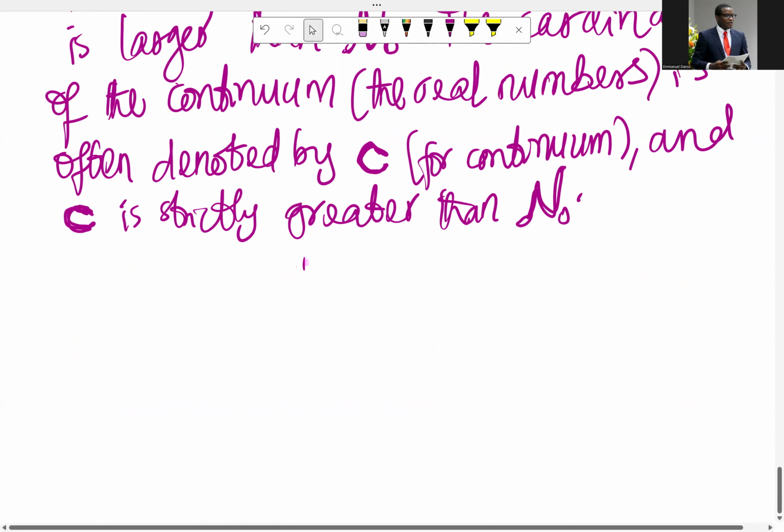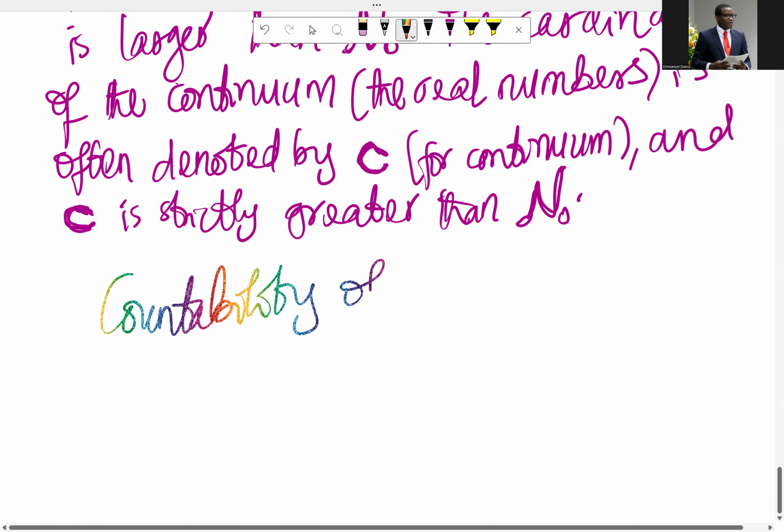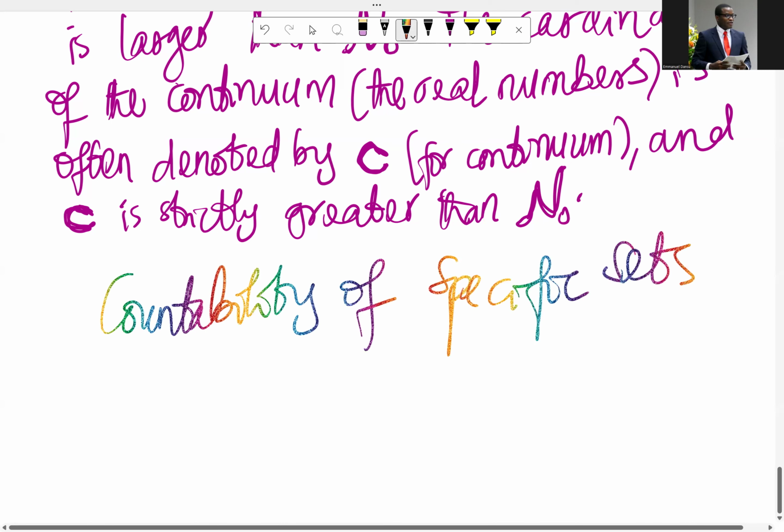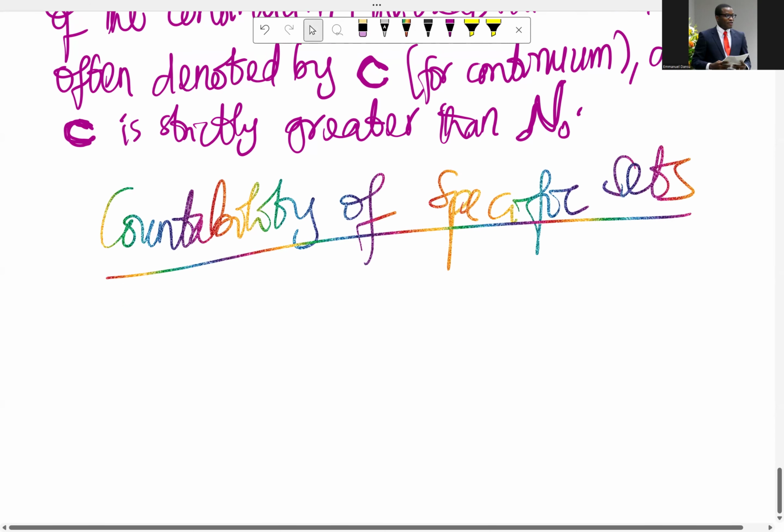Okay, so let's talk about the countability of specific sets. One, let's talk about natural numbers.